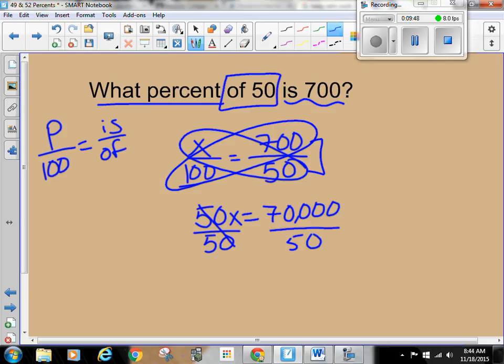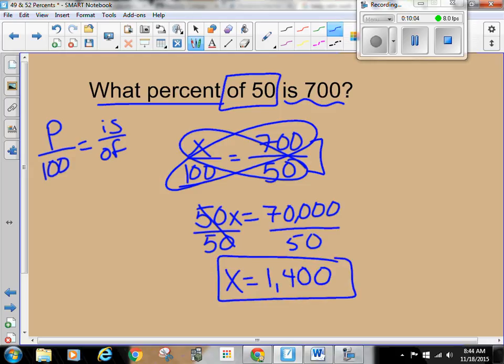Just want to make sure I'm giving you guys the right one. Oops. Let's see here. I need to type it in correctly first. Okay, so we get our 1,400%. That's a lot, but that's good because that's what we were looking for. Remember, we were looking for something bigger than 100.